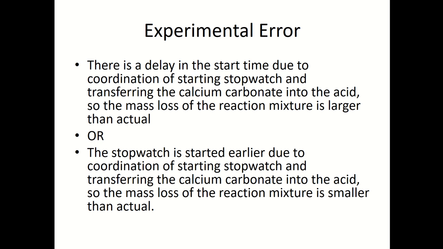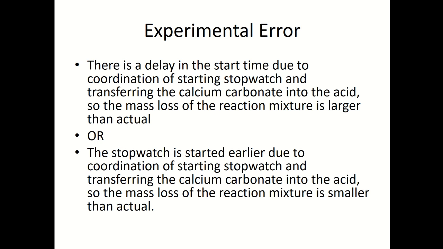On the other hand, because of the coordination needed, you may start the stopwatch earlier. Then the mass loss may become smaller than actual. So please remember the experimental error because this is important.